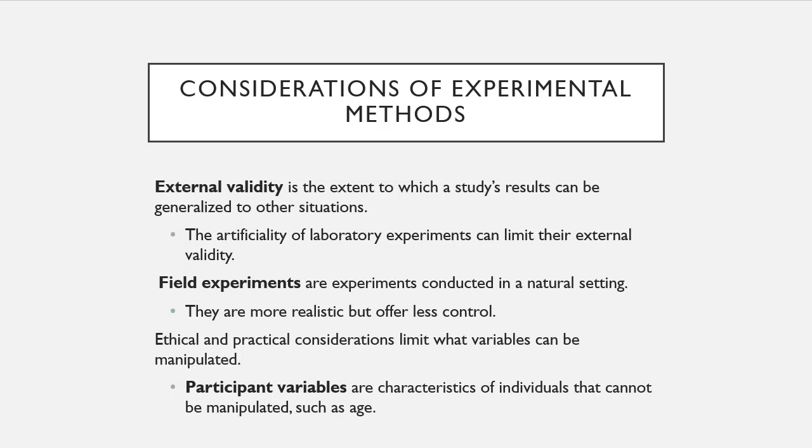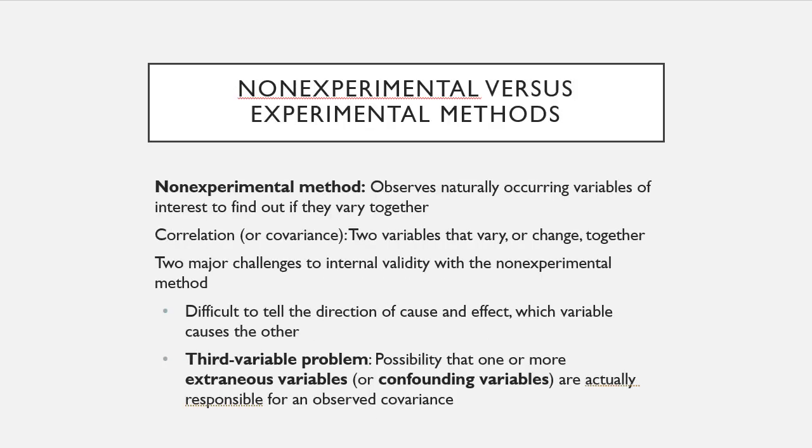So the participant variables cannot be manipulated. People already have them. Now, the non-experimental method, again, is when we want to look at how people behave in natural settings to see if things vary together. So we want to see, generally, if two variables change together or not.